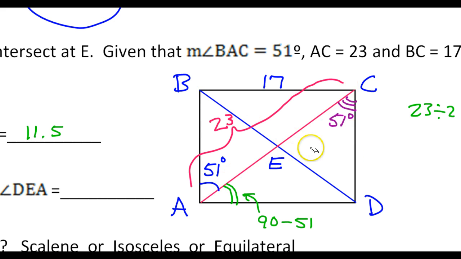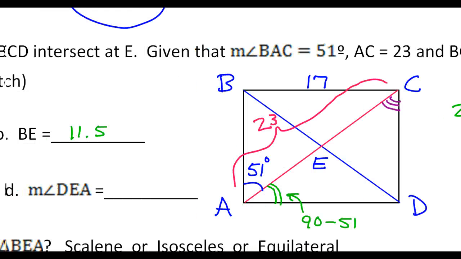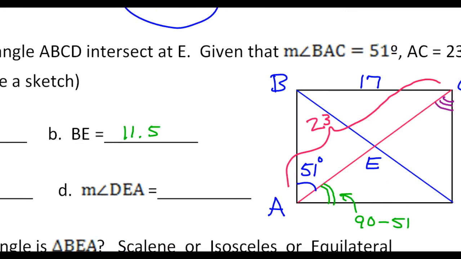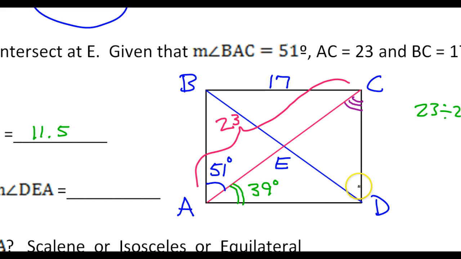Alright, the other way to look at it, if you weren't going to do the Z thing, a minute ago we figured out that this angle right here was going to be 39 degrees. And you know that this angle right here is a 90-degree angle.